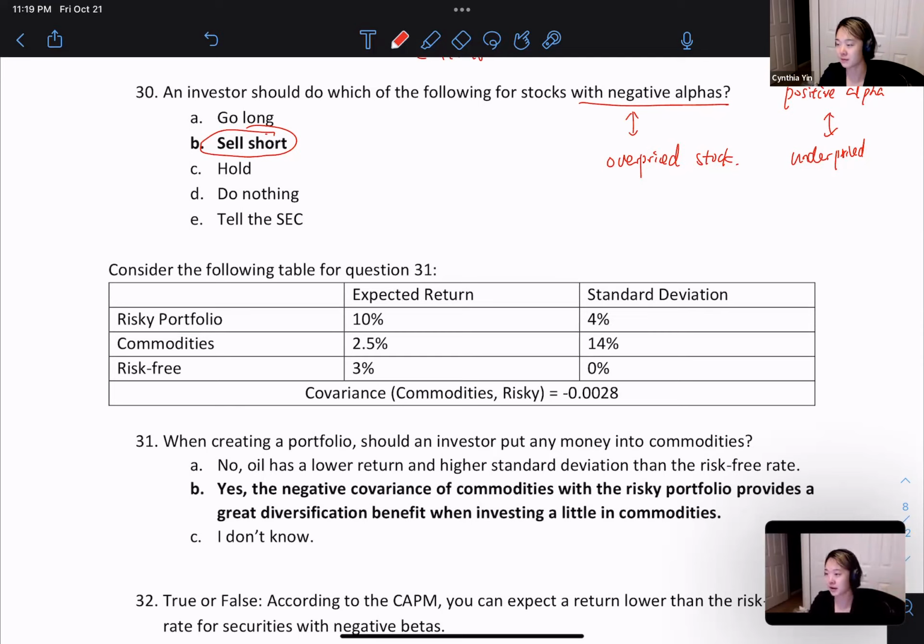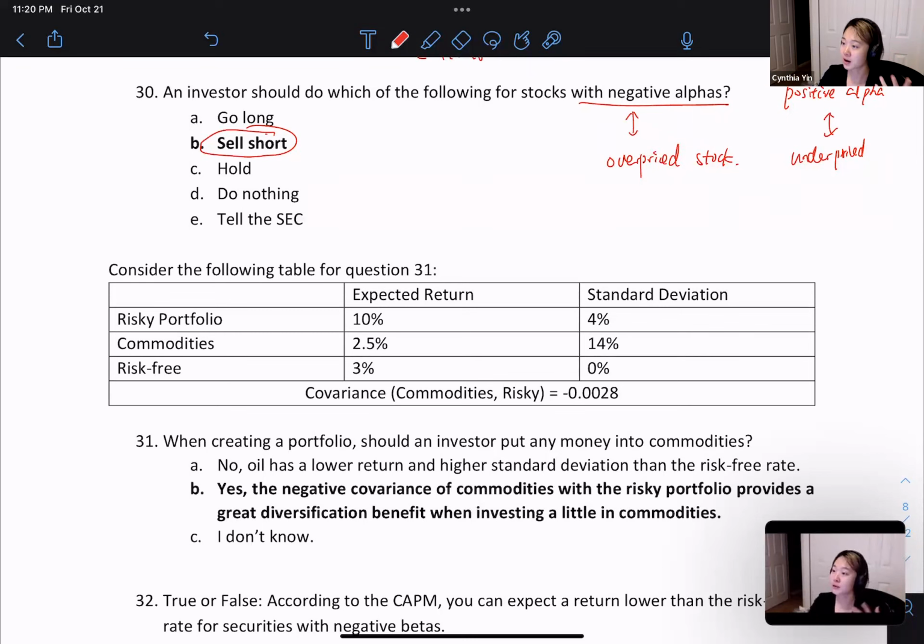It's not because they have a lot of systematic risk. So that rocket company gives you a very positive alpha, meaning that they give you a very fat, very positive, abnormal return compared to what is predicted by CAPM.